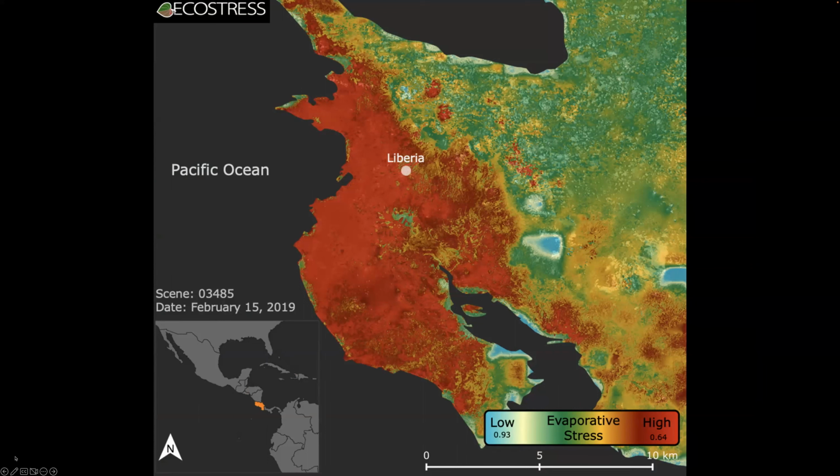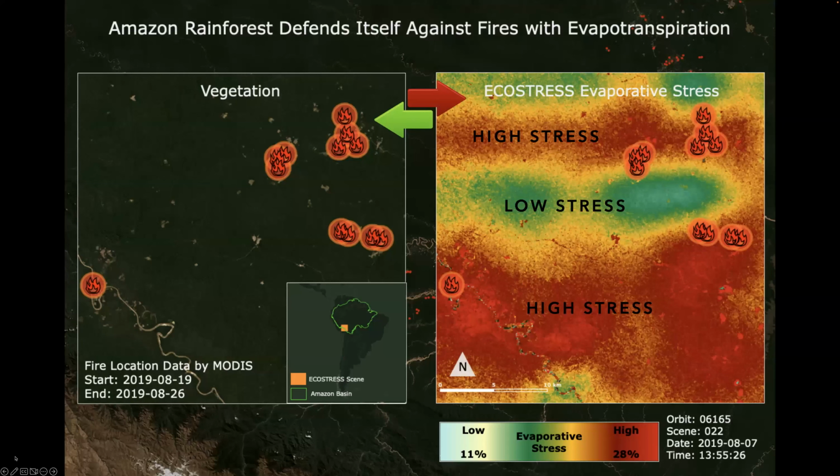It also gives indications into wildfire, potentially where wildfire will spread into high stress parts of the forest. You can see on the left, if you didn't know the stress, you would just see fires on a green mosaic of Amazon forest. But on the right, when you give that X-ray of stress from the thermal measurements, you can start to see that the fires are spreading into the higher stress areas.